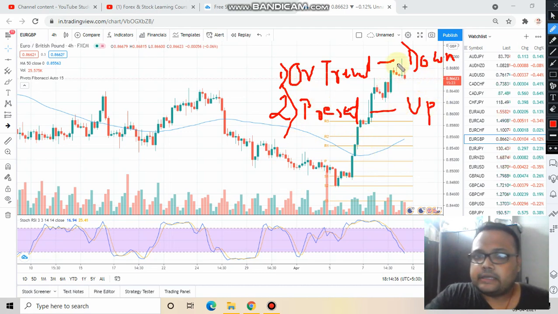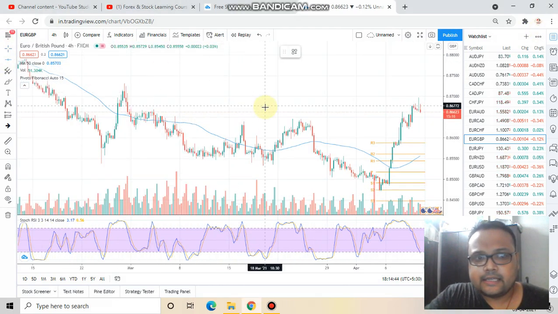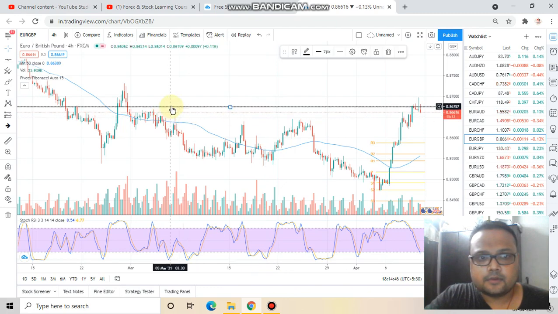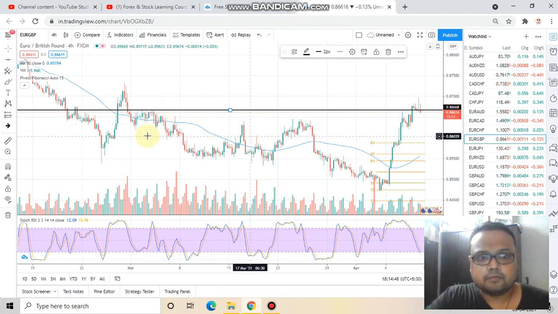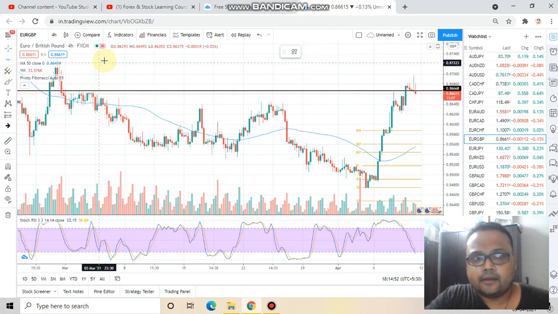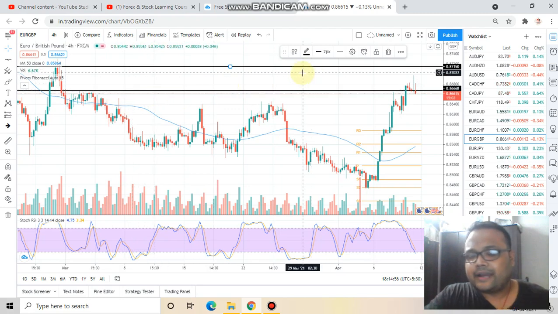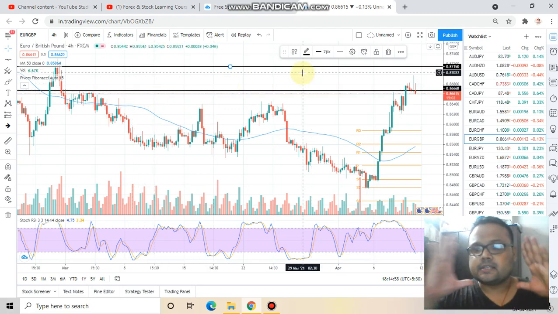So these two factors are not adding up. These two factors are not matching. We can see that there is a resistance here, and a second resistance here, but overall the market is right now in a resistance zone.